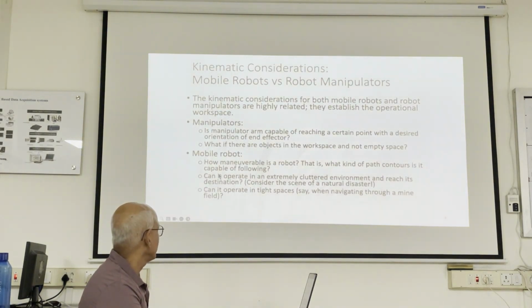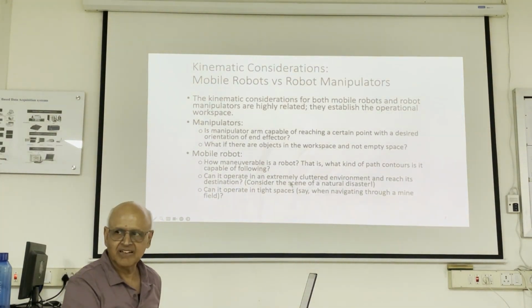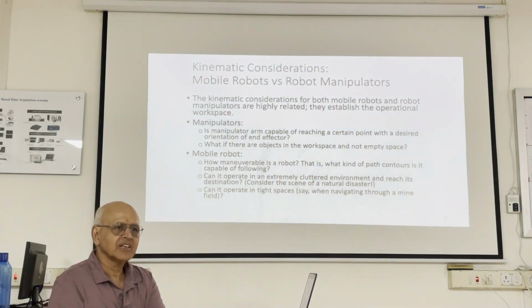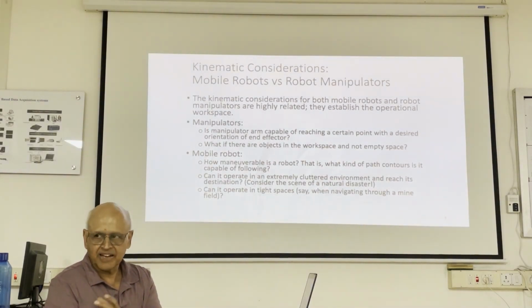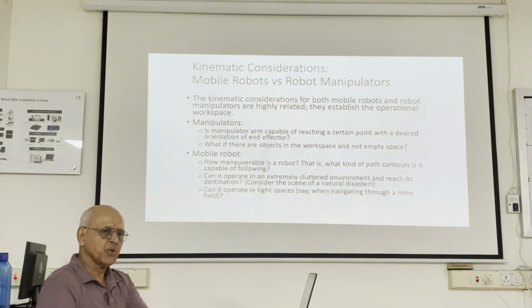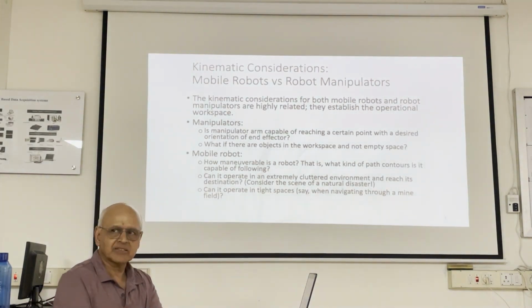So, for instance, the mobile robot, can it operate in an extremely cluttered environment to reach its destination? Imagine if you have an earthquake and robots. This is increasingly happening, by the way, search and rescue, because we are increasingly having much more violent storms, flooding and so on in the US. So they're trying to come up with robots that will avoid risk to human life.